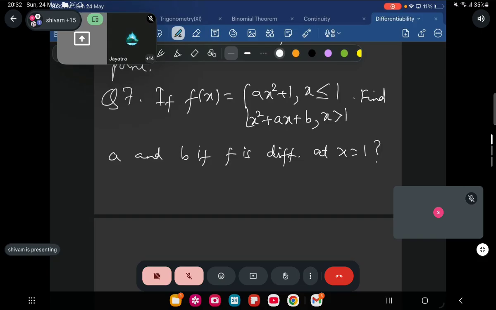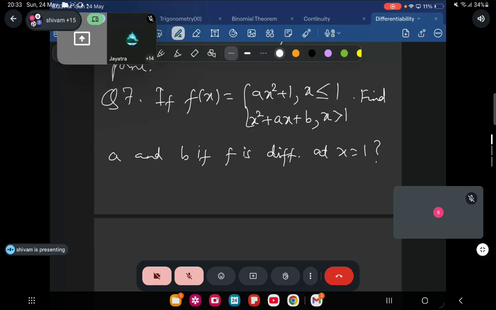Find B. Okay, this was the last problem, everyone. Yes, Aisha, your answer is correct.